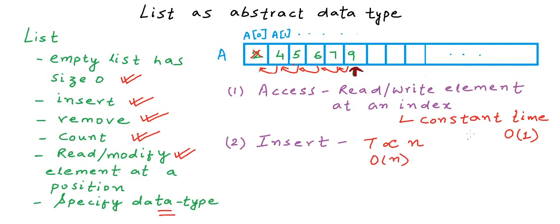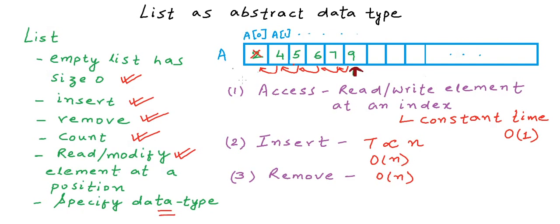If you do not know about big O notation, do not bother. Just understand that inserting an element at a particular position will be a linear function in terms of the size of the list. Removing an element will again be big O of n. The time taken will be proportional to the current size of the list. n is the size of the list here.